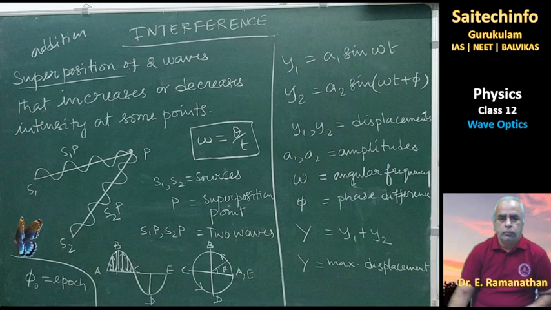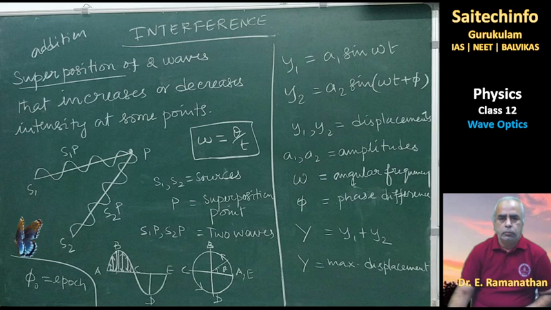And phi, because we do not know at what stage these two sources have been started. It may have started from 0, it would have started from even 180 also, who knows, it would have started even from pi by 2. So that is starting phase, that is known as epoch, that is represented as phi naught.